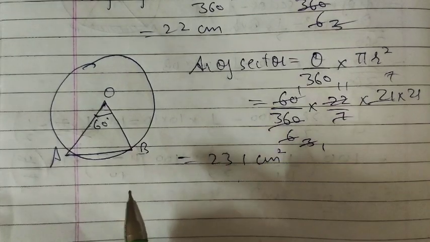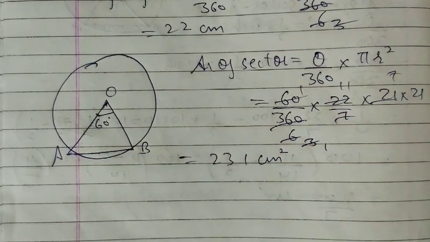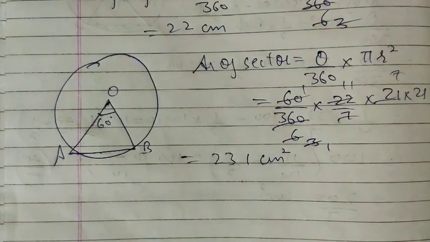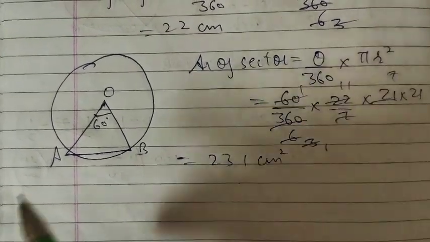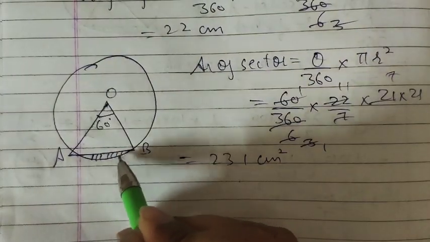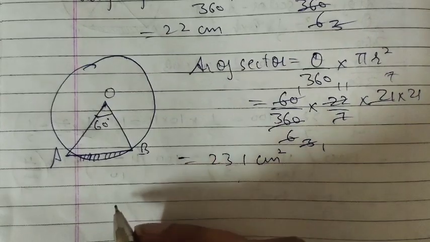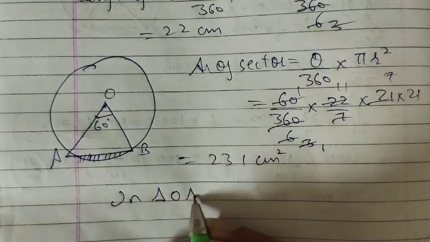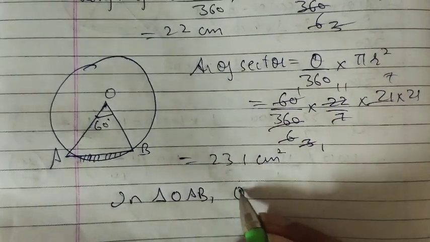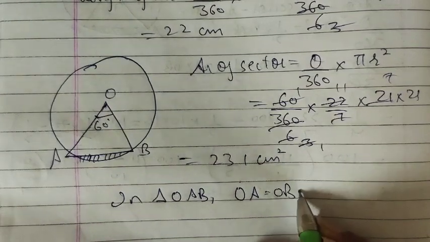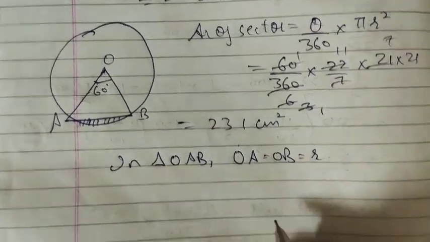Next, we have to find the area of the segment formed by the corresponding chord. Area of segment means this portion, right? In triangle OAB, we know that OA is equal to OB is equal to the radius of the circle.